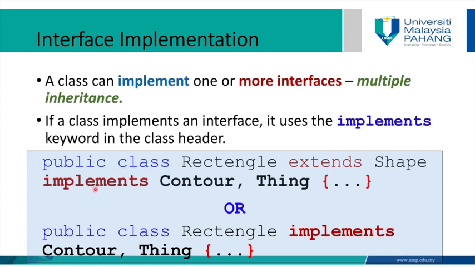So we have public class Rectangle extends Shape, and then we implement Contour things and all the implementations. Or you can also do it like this: public class Rectangle implements Contour things and the implementations.